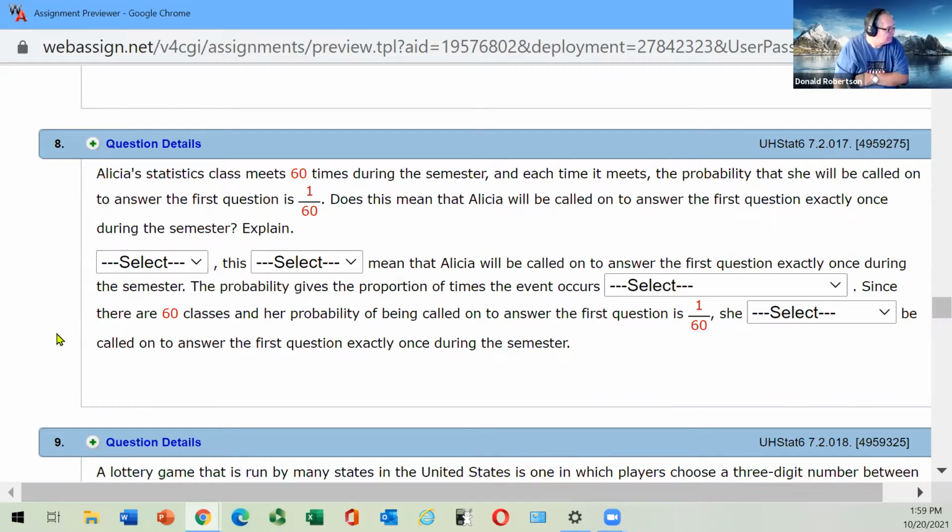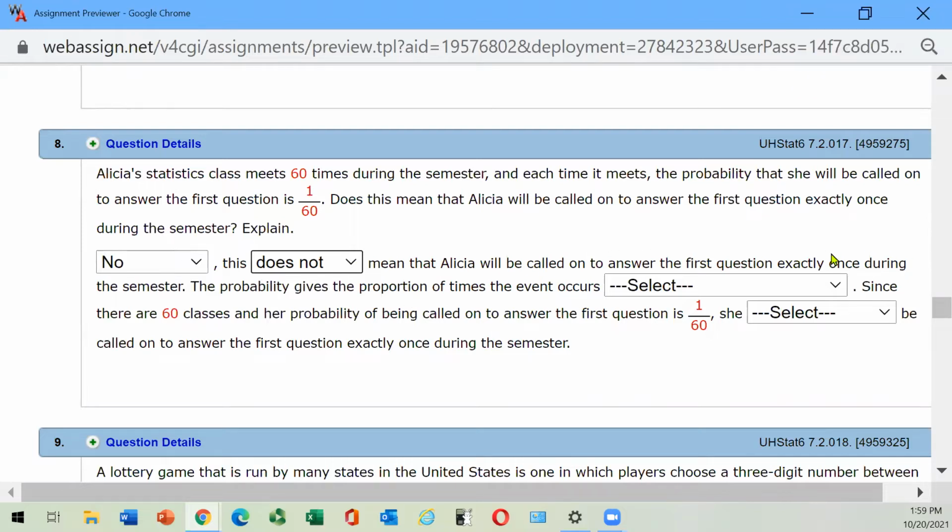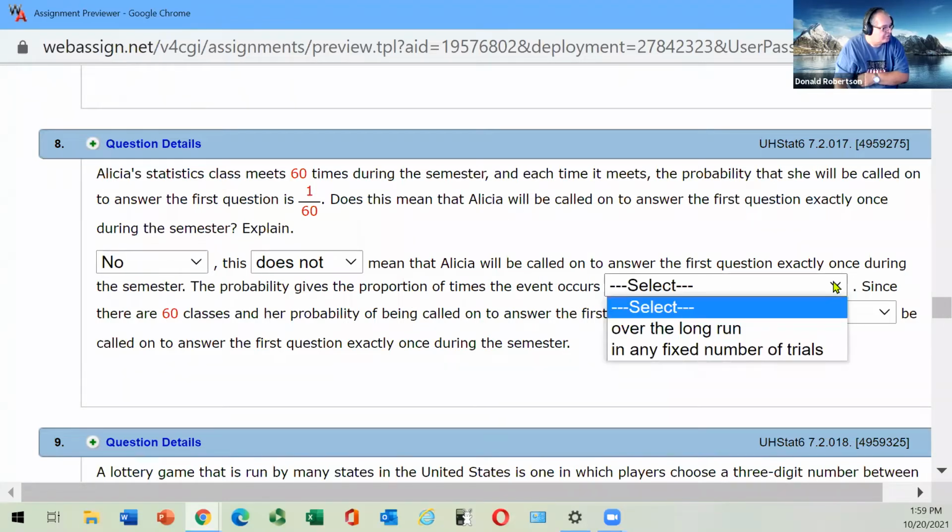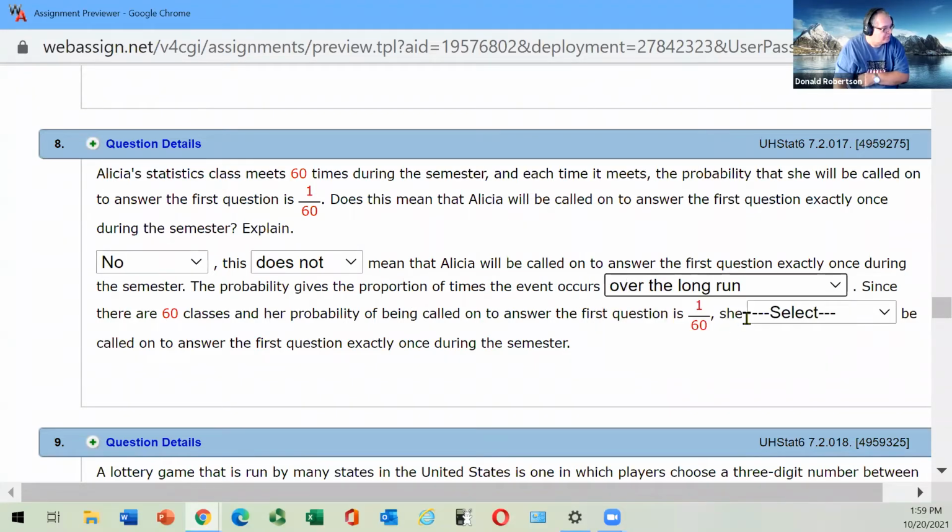No. This does not mean that she will be called to answer the first question exactly once during the semester. The probability is given by the proportion of times the event occurs over the long run. There are 60 classes, and our probability of being called to answer the first question is 1/60th.